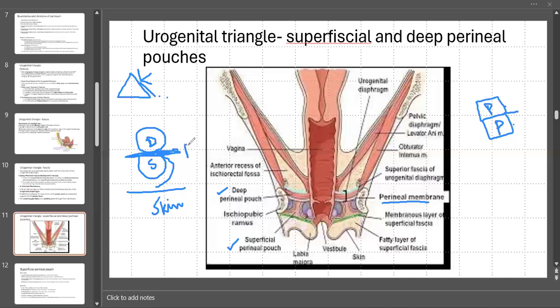So we call it perineal membrane. Now tell me, if perineal membrane is roof to the superficial pouch or the superior boundary of the superficial pouch, if I say that it is the inferior boundary of the deep pouch, will it be correct or not?